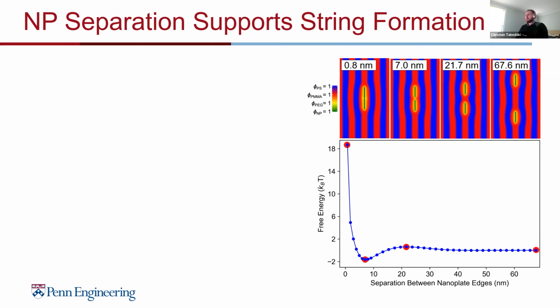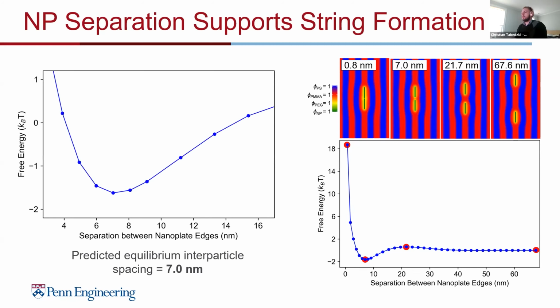And so from this energy plot, we see that there are two configurations nanoparticles would want to take. Either they're far away, separated from each other, or they're forming these strings, which are energetically favorable. And so when we zoom in onto the minimum, we note a couple of things. There's that sharp rise on the left, as mentioned, and a gentle exit from the well as the nanoparticles separate further.